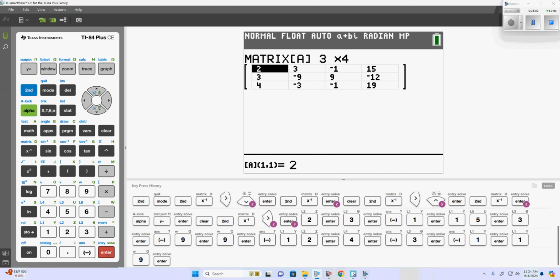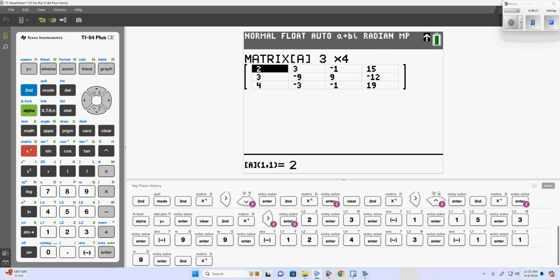Questions on this so far? Now, the next step is going to be second quit, okay? And there's a reason for it. Because after second quit, we go second matrix over 1 to RREF, yes? I'm going to show you this here.